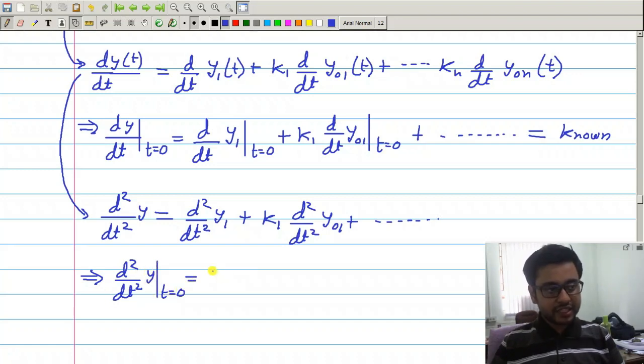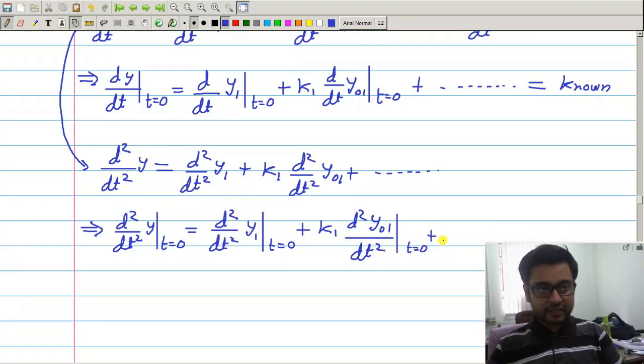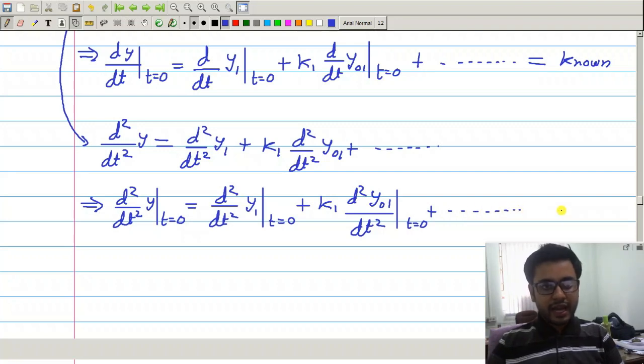This is the left hand side, and the right side is like this. Plus other terms, and this is also known because this value is given in the initial conditions.